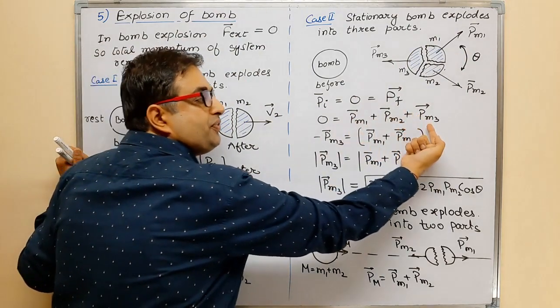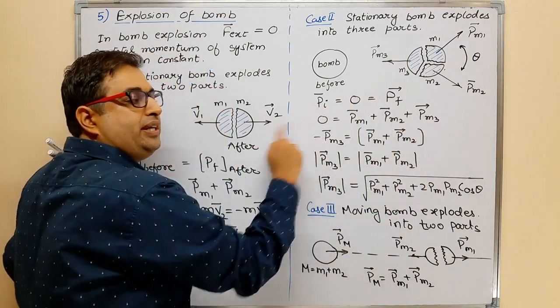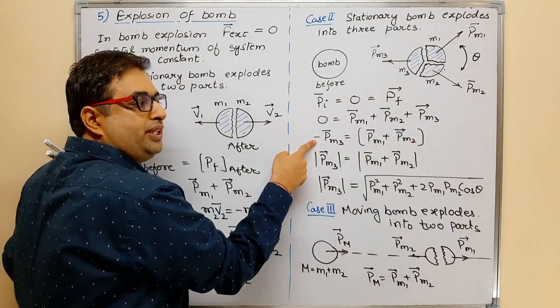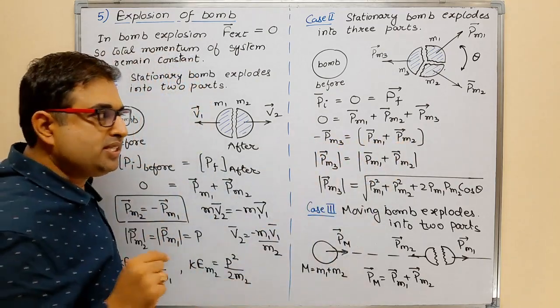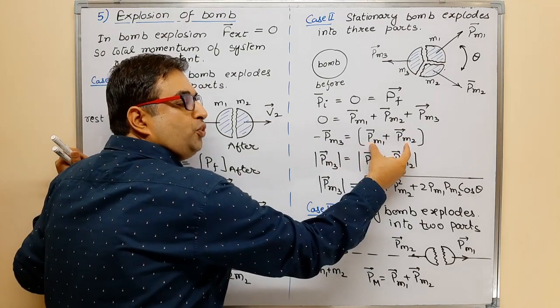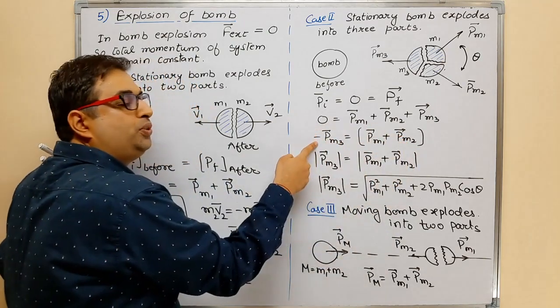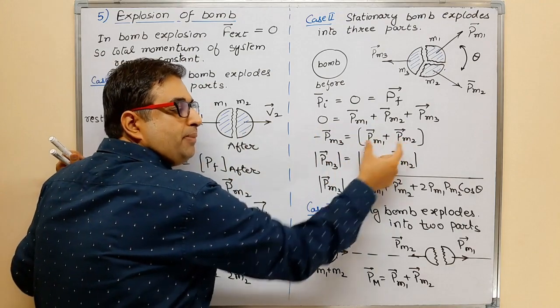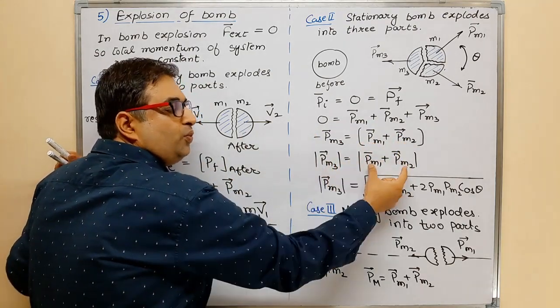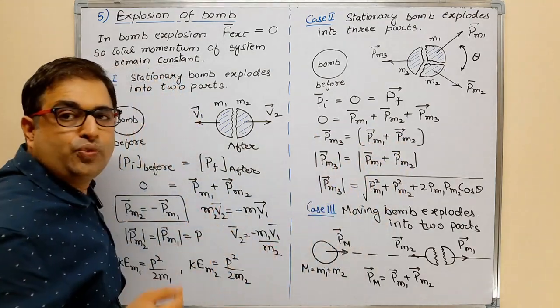Right? So we can shift this Pm3 to the left side. Then minus Pm3 is equal to Pm1 plus Pm2. Means the sum of momentum of two parts will be opposite to momentum of third part. So what is the vector sum? Magnitude wise they are equal. What is the formula of addition of two vectors?